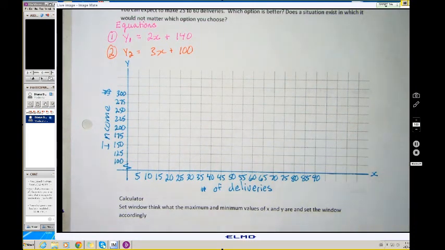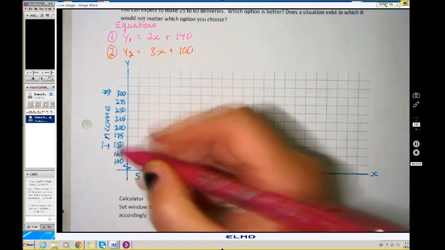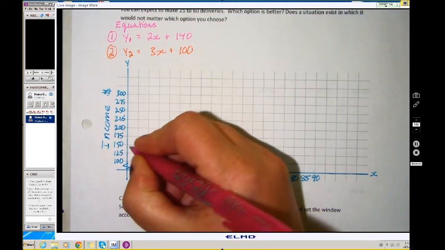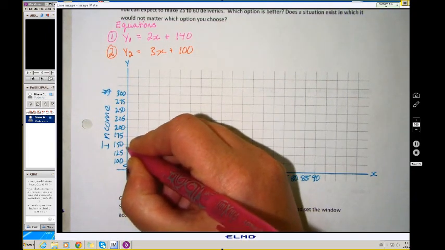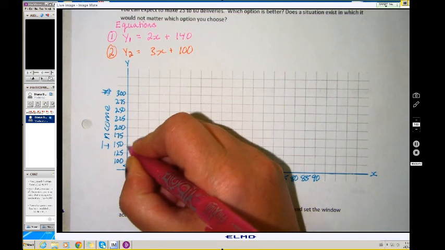Okay, so now how am I going to graph this? Start at your y-intercept. Yeah, we got 140. So I'll guesstimate it to be just below 150, right? So I'll put it there.